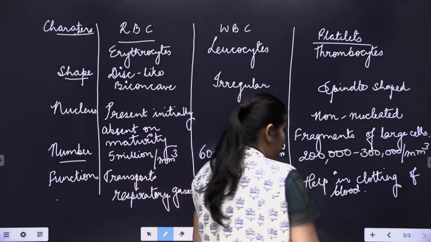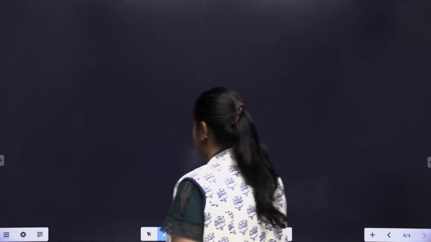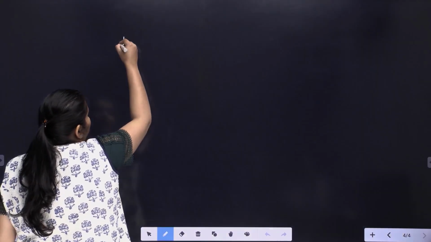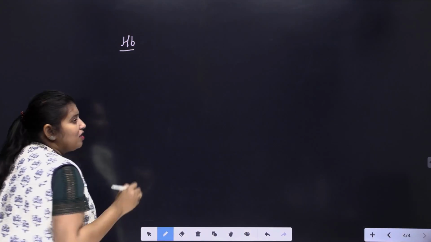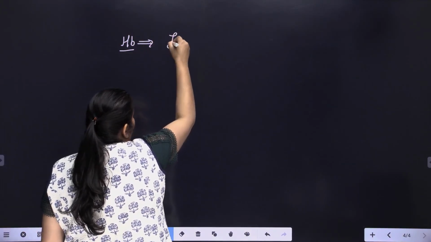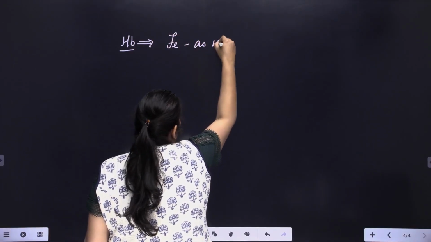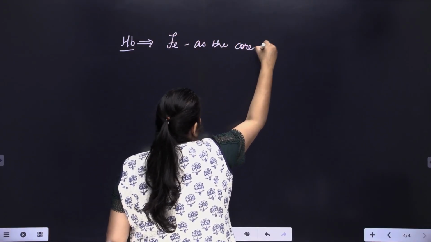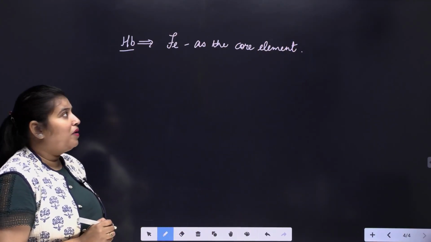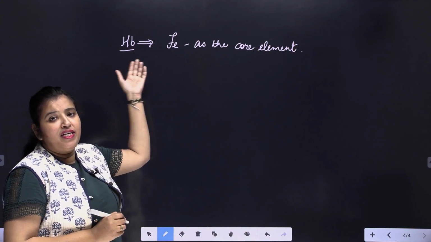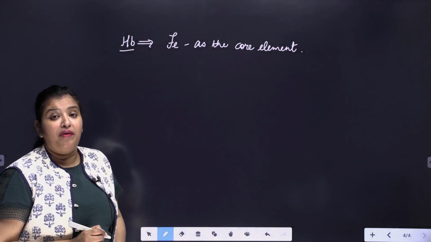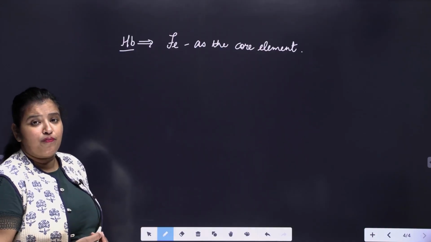Now here I would like to add something more for your information, and that information is that hemoglobin, which is the respiratory pigment, has iron as the core element. That is the reason whenever we are low on iron, we get deficient of hemoglobin and we often have shortness of breath, because this is only carrying oxygen. All right.